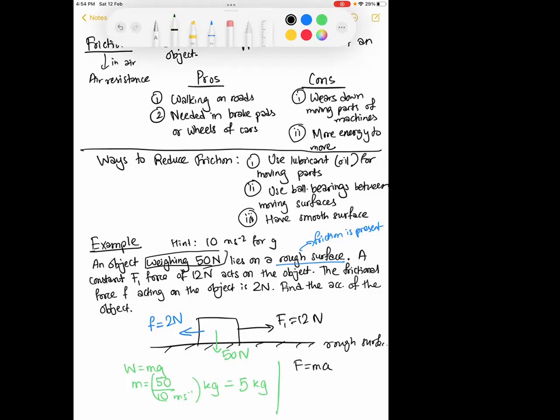So the resultant force is 12 minus 2 Newton, which equals 5 kilogram times acceleration. If you try to find the acceleration, that is 10 Newton over 5 kilograms, which is 2 meter per second square.